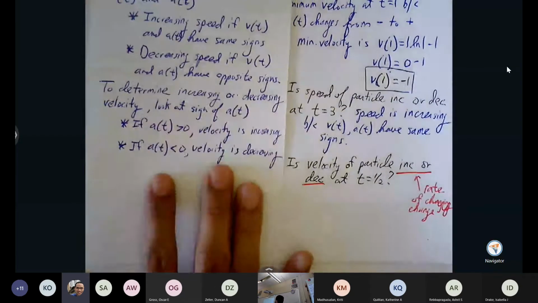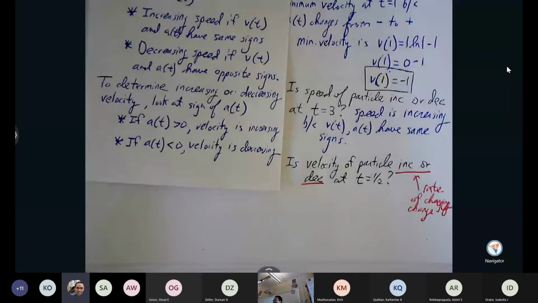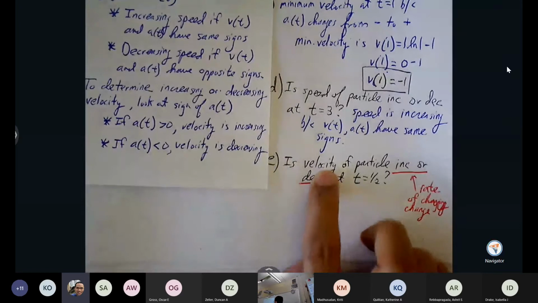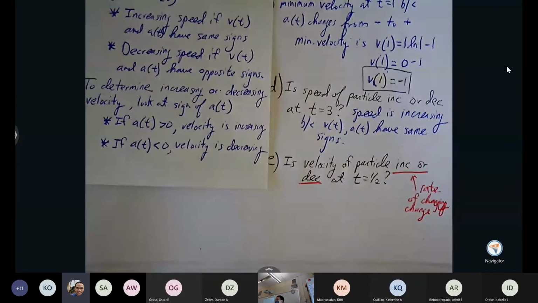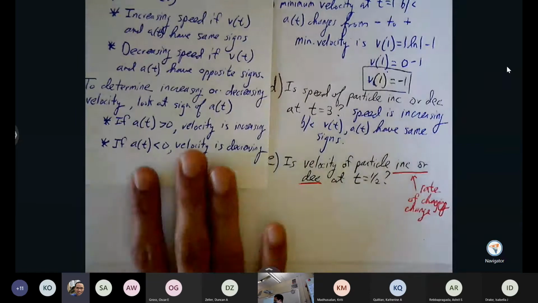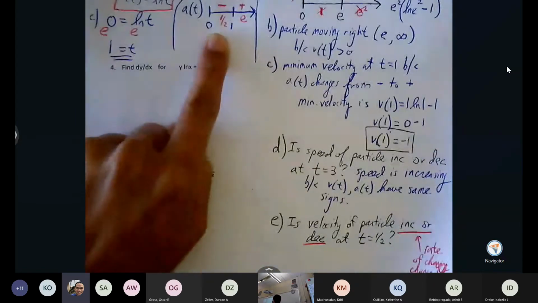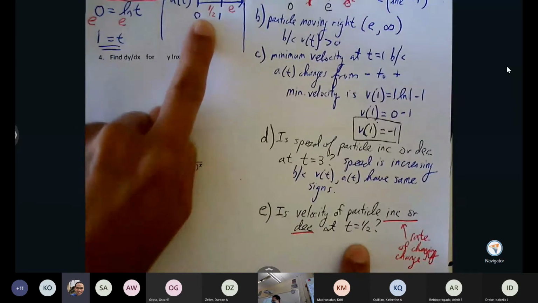So to determine increasing, decreasing velocity, we just look at the sign of acceleration. If acceleration is positive, then velocity is increasing. If acceleration is negative, then velocity is decreasing. It's understandable, a lot of us want to look at velocity, but that increase, decrease changes what it's referring to. Okay, so what can we conclude here? Yeah, acceleration is negative, right? At 1/2, my acceleration is negative.